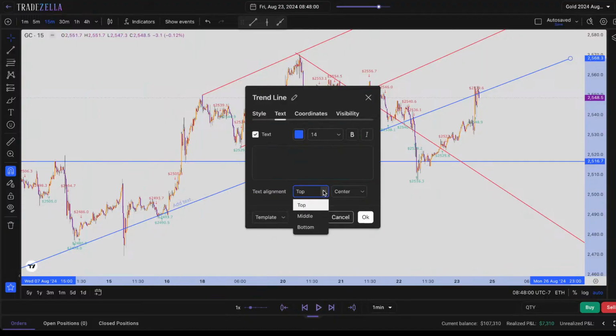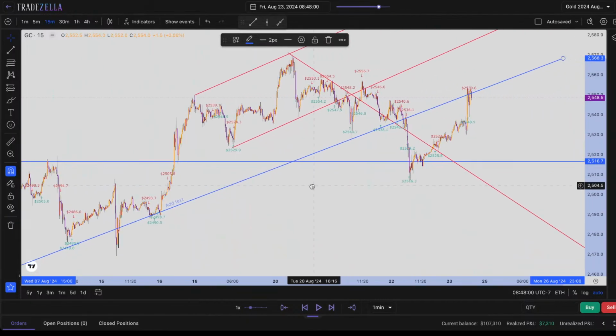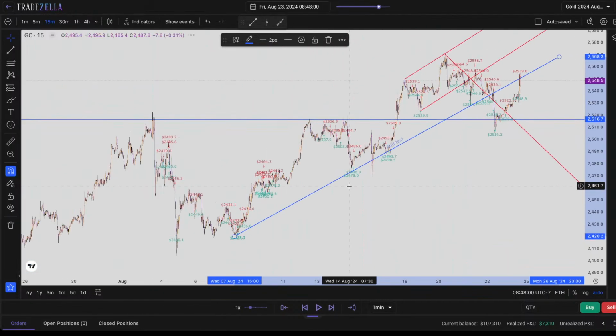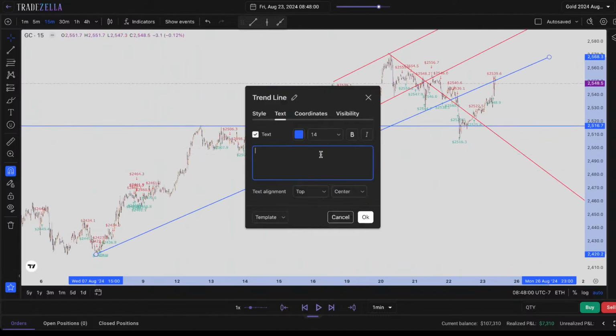Where can I put this, bottom, top, middle?